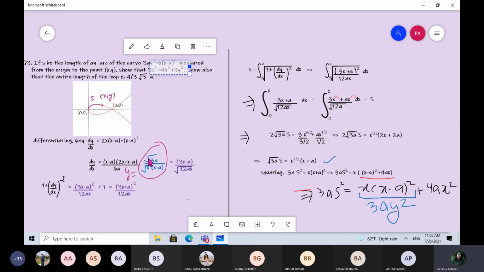Okay, here you can notice that this blue, whatever is written in blue, is the value of y in terms of x. y लाई चाहिँ x को टर्ममा replace गरेको. You have to just keep this in mind.